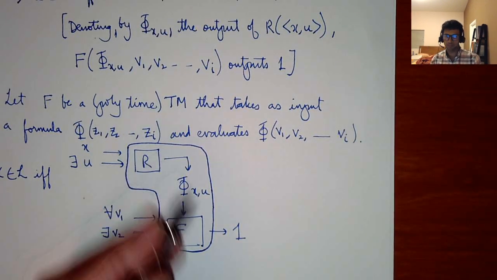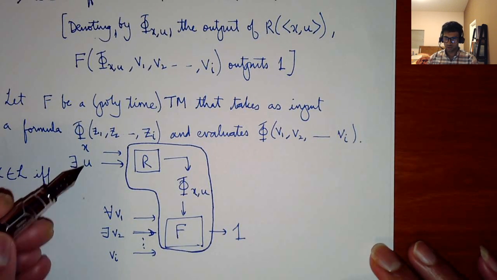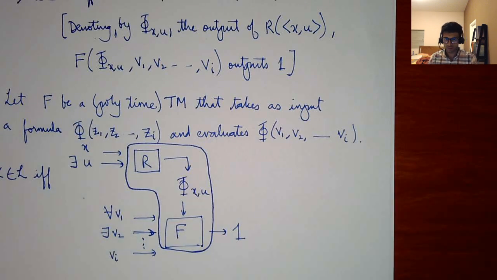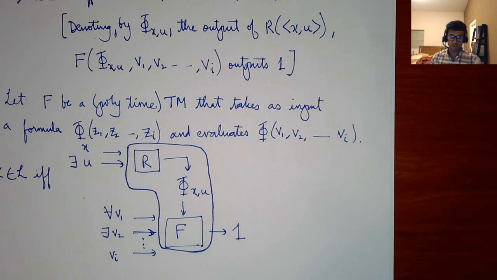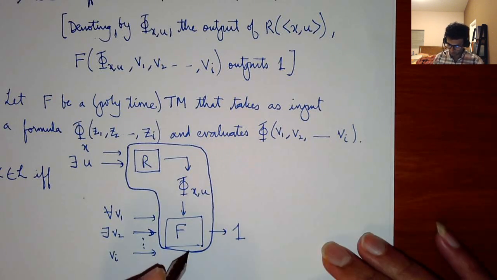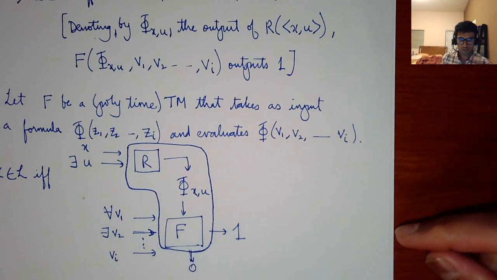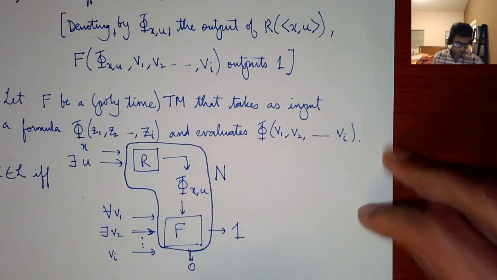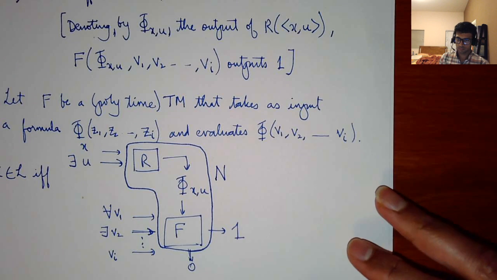This is just some machine, because you feed the machine X, U, V1, V2, and so on. You give it all of these inputs, and it is going to then spit out either 1 or 0. Let me refer to this combined machine as N. I don't want to call it M because I've used M before in the proof.